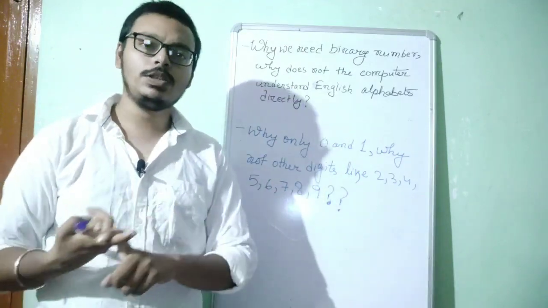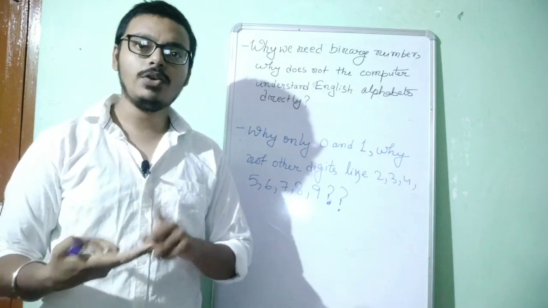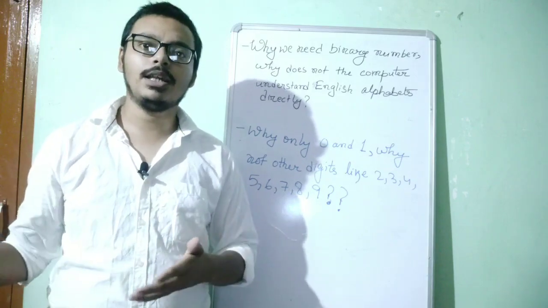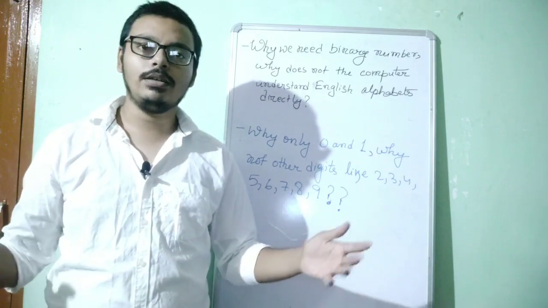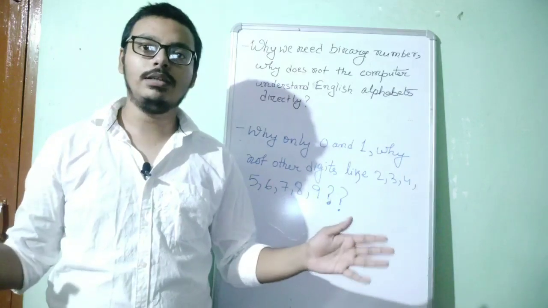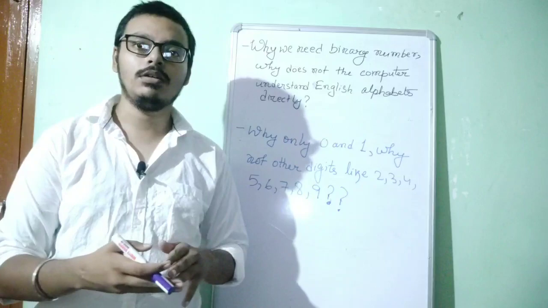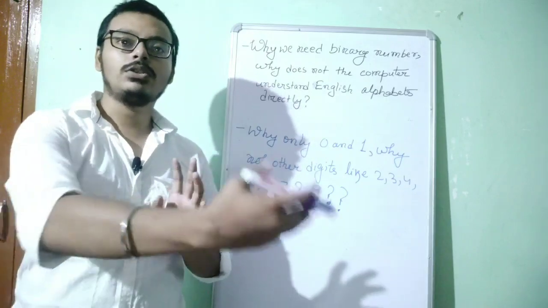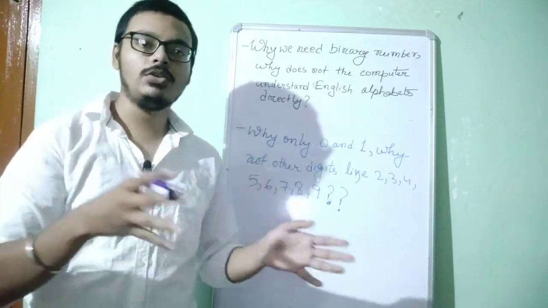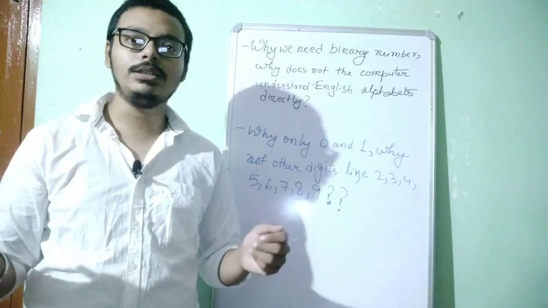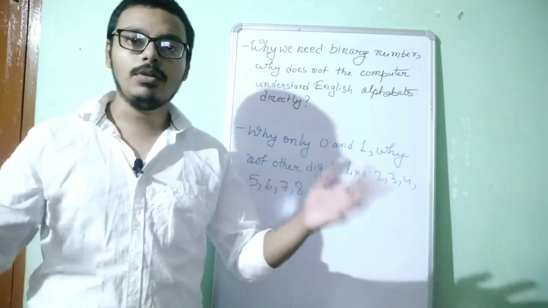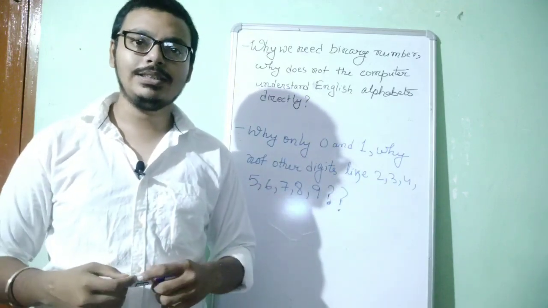But why only 0 and 1, right? Why not 2, 3, 4, 5, 6, 7, 8, 9? These are all the digits that we have. Why not those? Why only 0 and 1? If we had those numbers, it would be easier for us to maintain more information, isn't it?